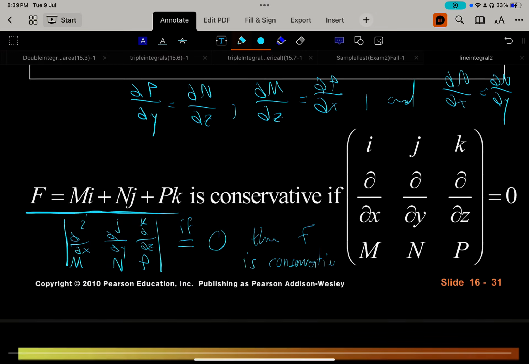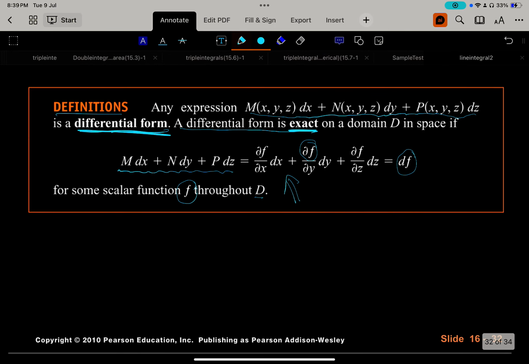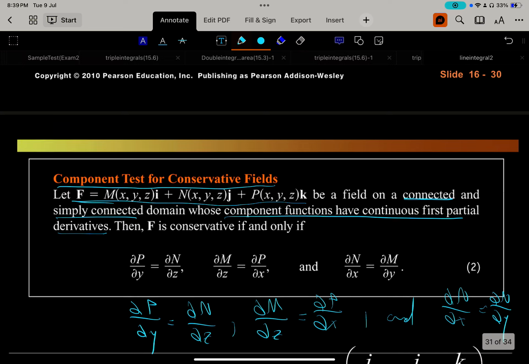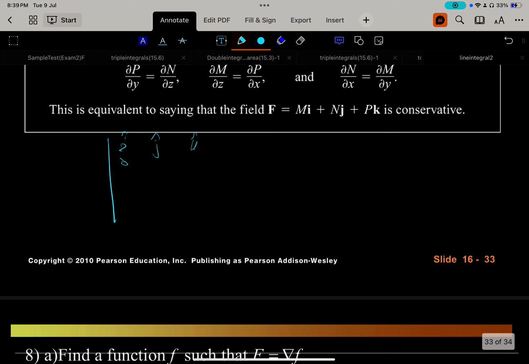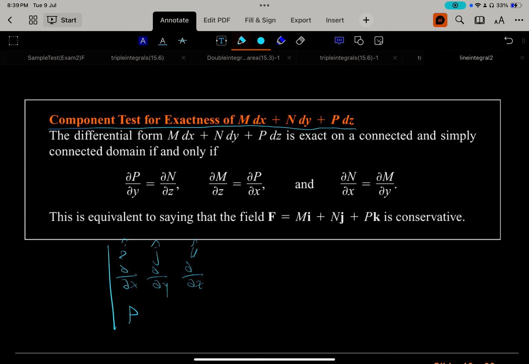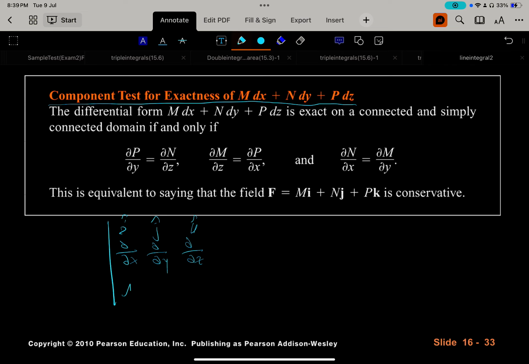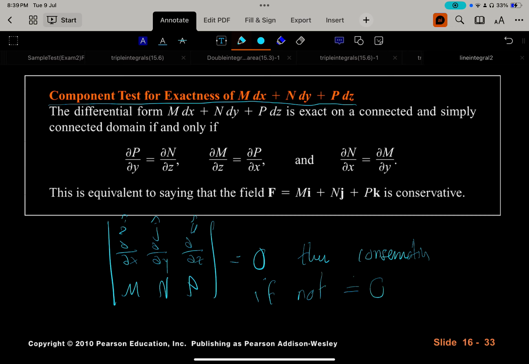It's exactly the same: dP/dy equals dN/dz, as you can see these are the same thing. If you want to check, you can do d over dx, d over dy, d over dz, and then plug in M, N, and P. If this is equal to 0, then conservative. If not equal to 0, not conservative.